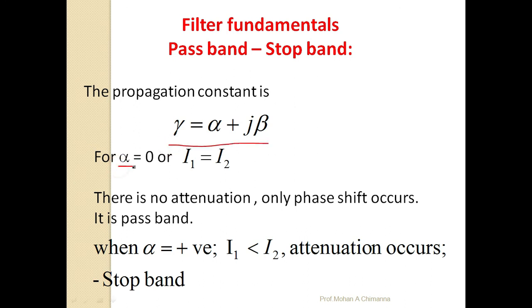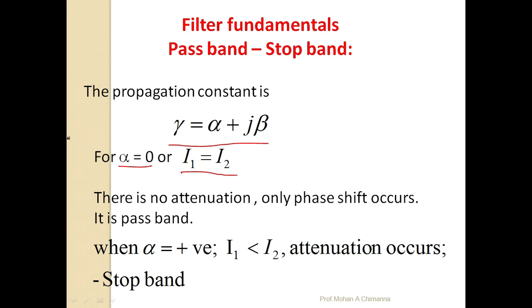When alpha is equal to 0, then I1 is equal to I2, and there is no attenuation, only the phase shift occurs in the pass band. Okay, alpha equal to 0 means gamma is equal to j beta. Simple. So there is no attenuation parameter, only the phase shift occurs in the pass band.